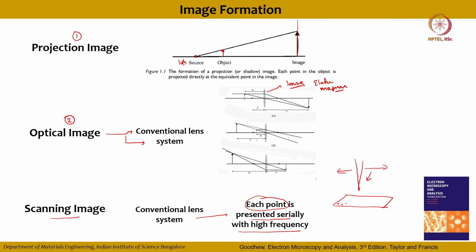So the beam will raster at each point of the sample surface and it will give you the image by converting whatever the interaction of the beam with the sample, those interaction signals, into your image formation. So this is called scanning image. Scanning images are usually used in SEM and TEM. Optical images are mostly used in optical microscopes where there is no scanning of the beam. Okay, so these are the basics of image formation.